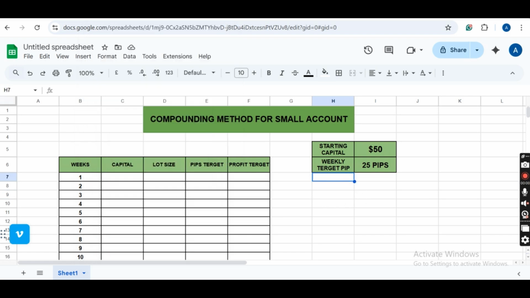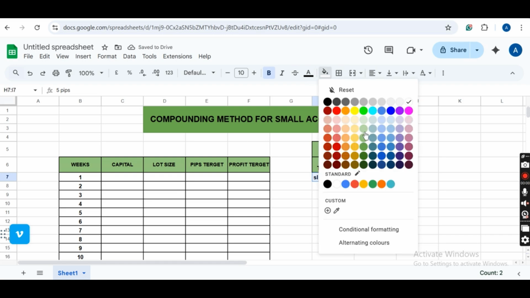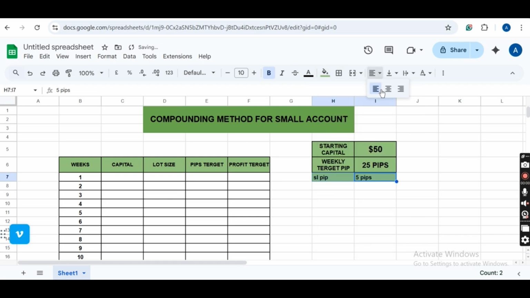So in this case, I'm going to say my SL is always going to be 5 pips. SL pips is always going to be 5 pips. That is so realistic, and I have a calculated risk whenever I'm approaching the markets.